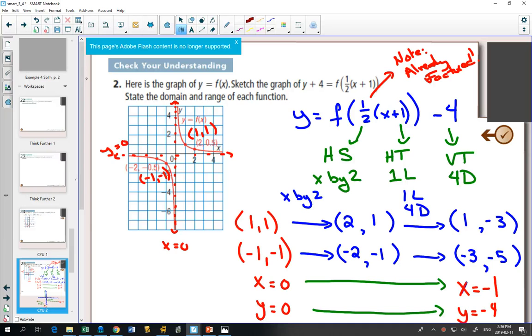So the question is, do we recognize the graph that we started with? What's the actual equation of this graph? The actual equation would be 1 over x.